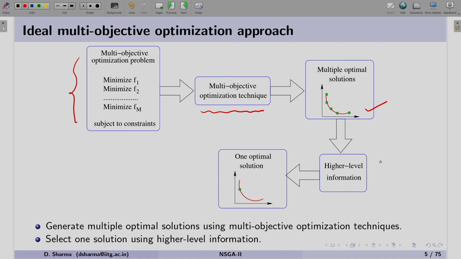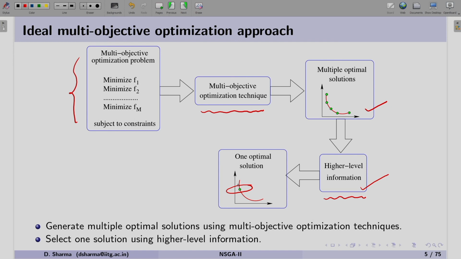Once the solutions are generated, the higher level information can be used, and that information will help us to find the final optimal solution that we are going to use for designing and for decision making.